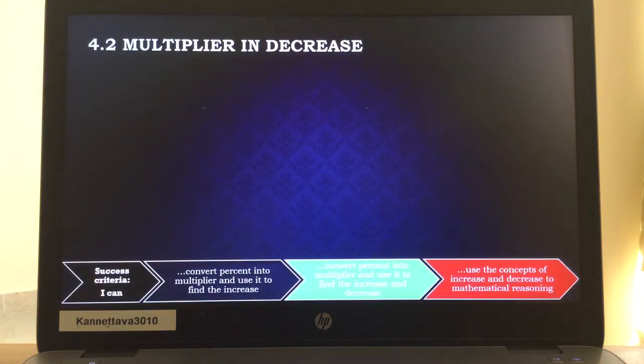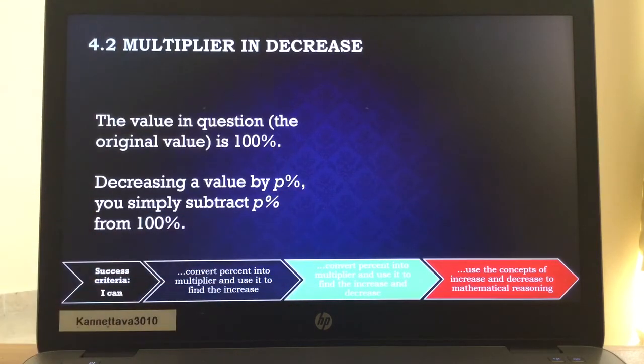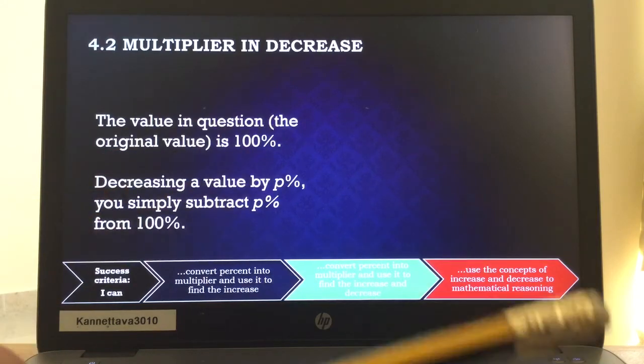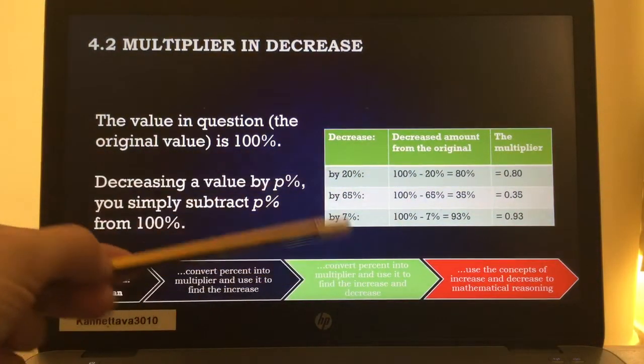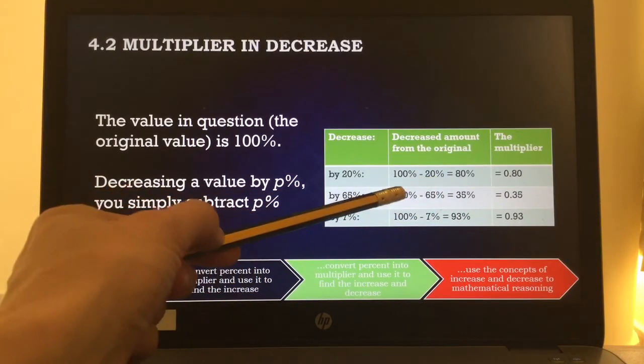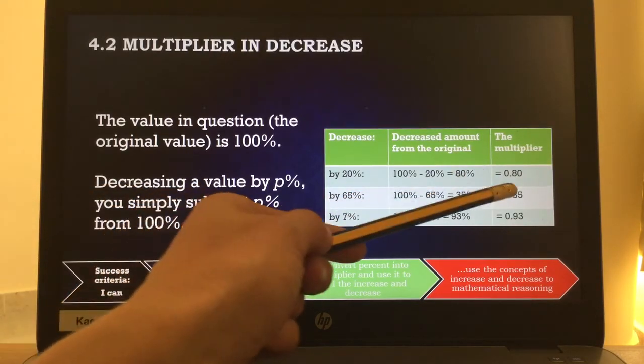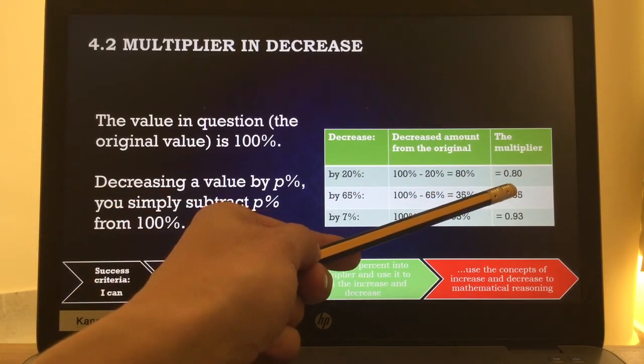Okay, now the decrease. Note that now we go into the basic level material. Again, the value in question is 100%, and now we decrease it by some percent. Then we subtract. Examples: if we decrease by 20%, we take 20% from 100% to get 80%, and the multiplier will be 0.80.